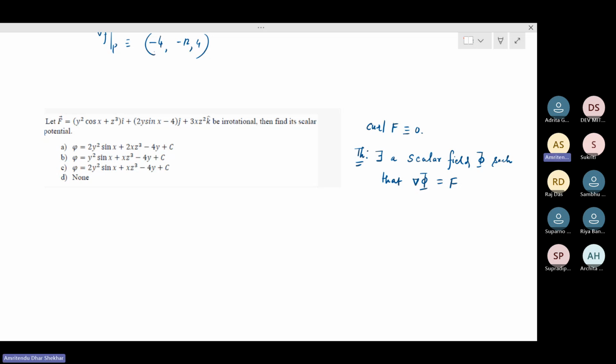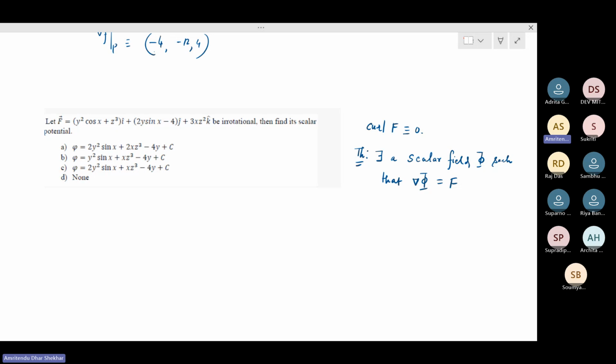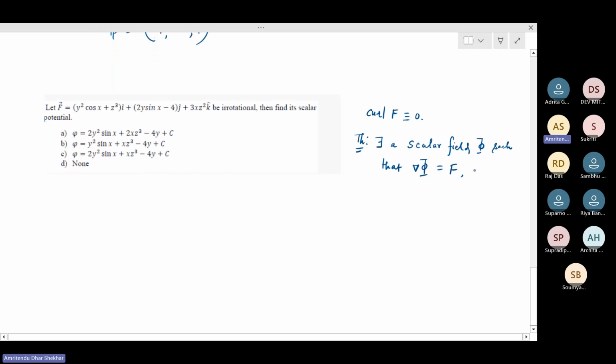Now I just want to point out one caveat. This is true for R2, R3, etc. Let me put a note over here: this is not necessarily true for all surfaces.